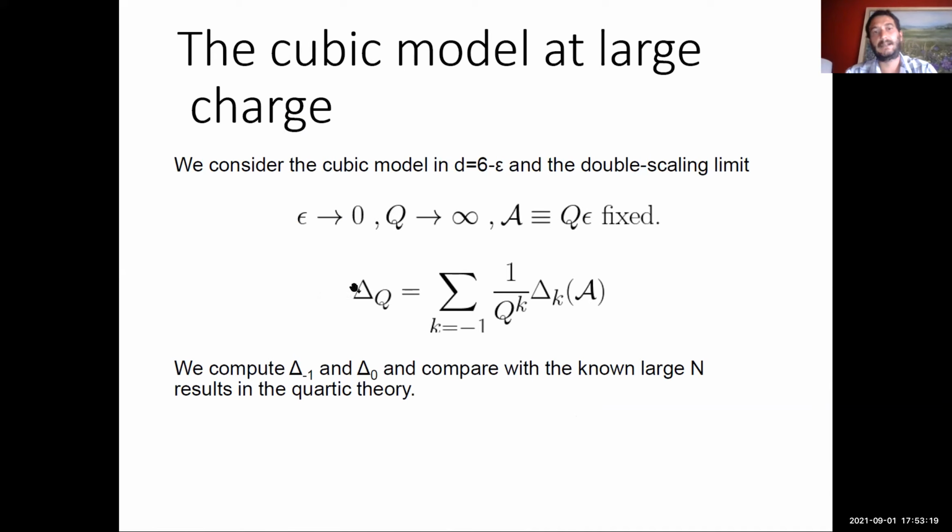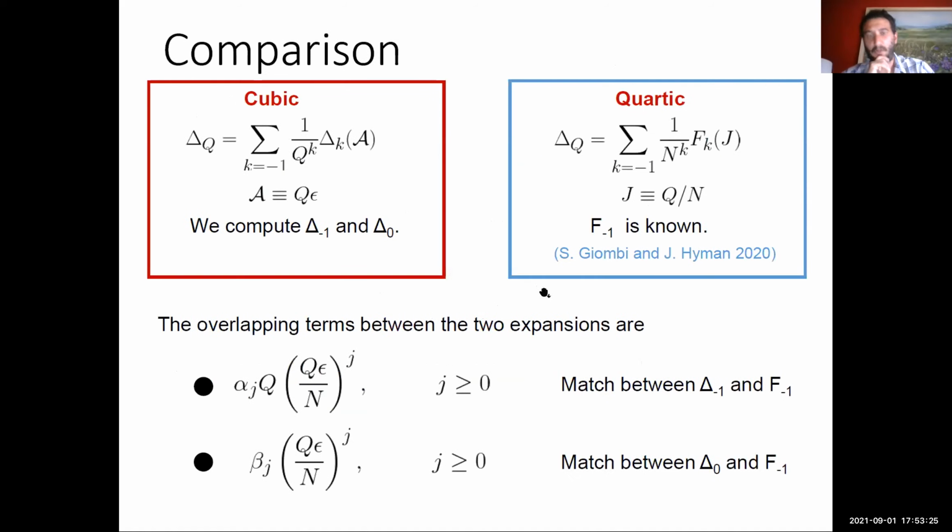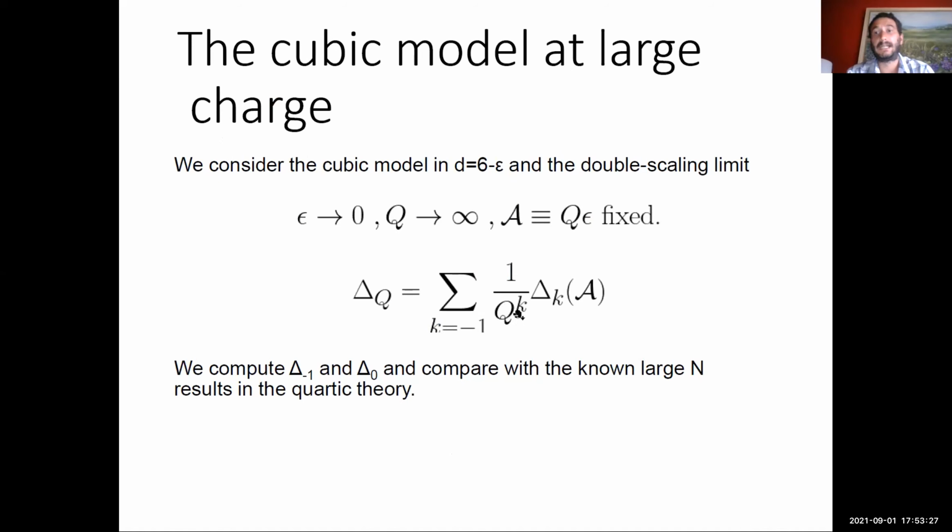In this case, the scaling dimension of fixed charge operators can be computed as an expansion in 1 over Q, in the inverse power of the charge, where every coefficient function depends only on the product Q times epsilon, which is kept fixed.